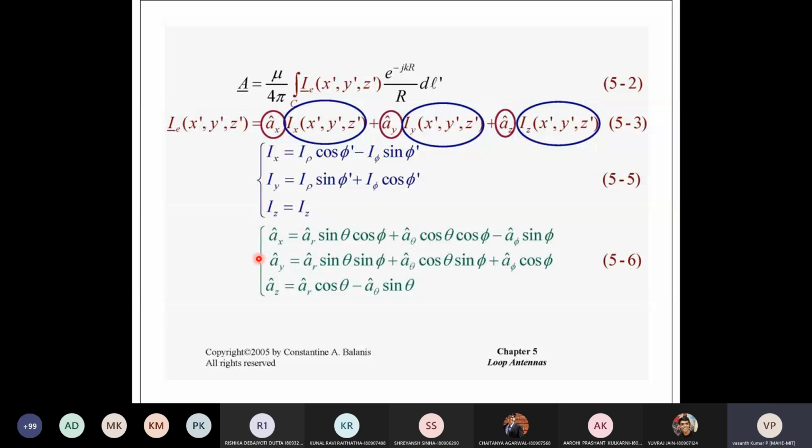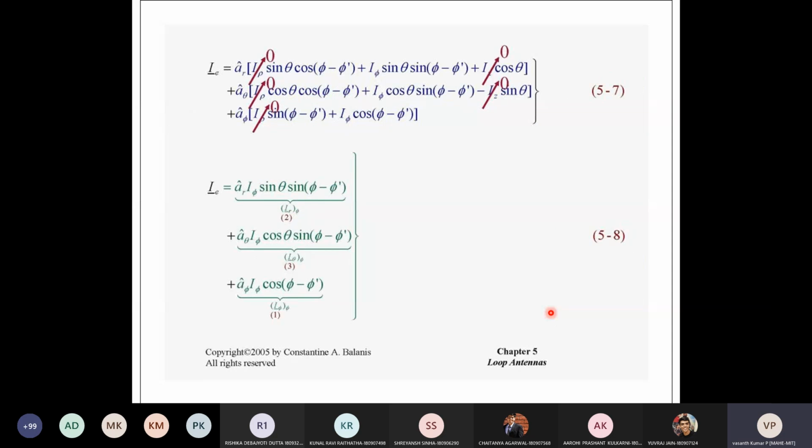This is how we represent the vectors x hat, y hat, and z hat. Any questions on this slide? Then we convert I into the spherical coordinate system.